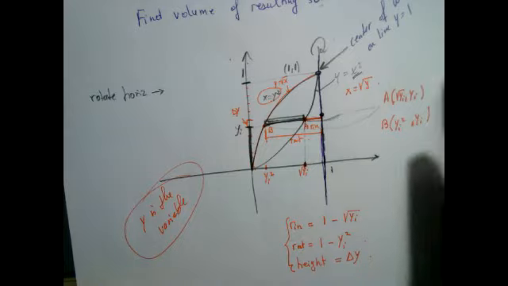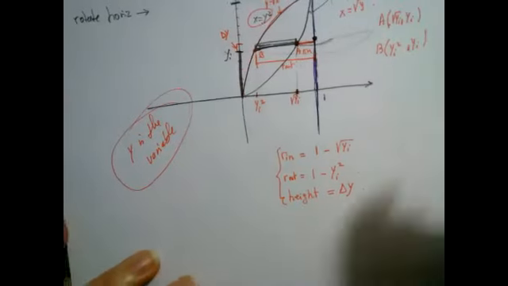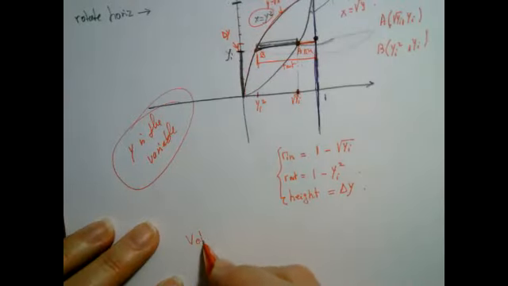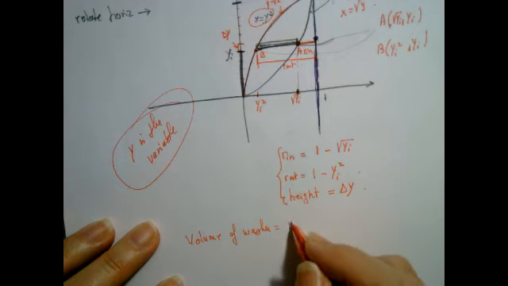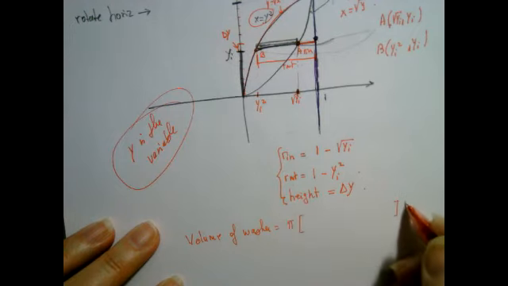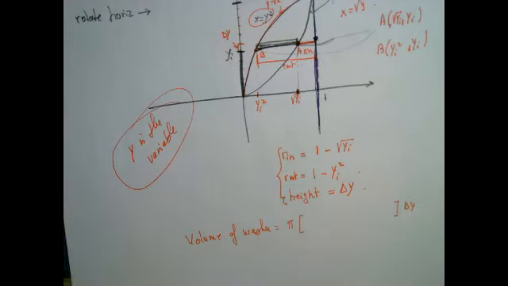So now, volume of a washer, I'm done. It is pi times... now, you don't mix the x and the y in the same integral. Either it's an integral in y or an integral in x. If it's an integral in y, everything has to be expressed in terms of y. You cannot have y and x at the same time.